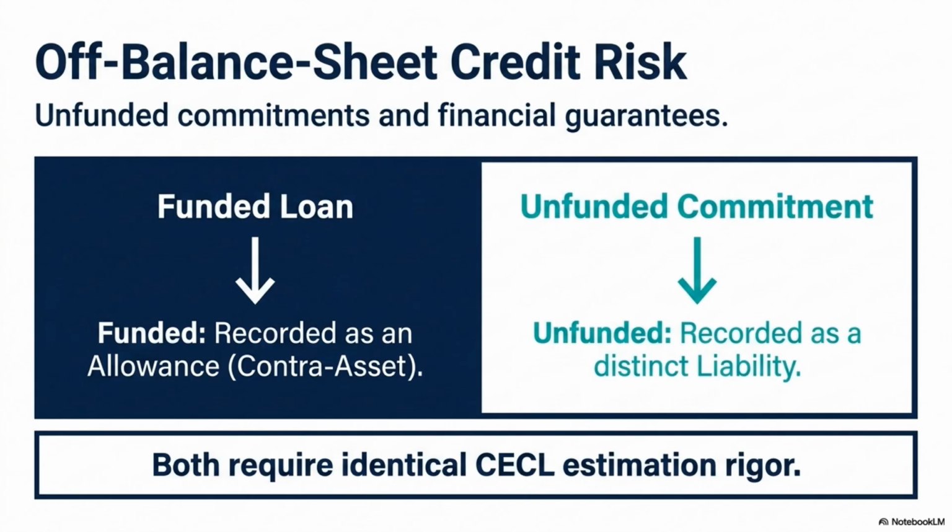It reduces the receivable on the balance sheet. For an unfunded commitment, the expected loss is recorded as a distinct liability, sitting within other liabilities rather than as a contra asset. Both require identical estimation rigor under CECL. The presentation location is the only difference.